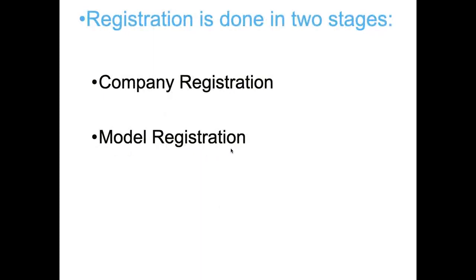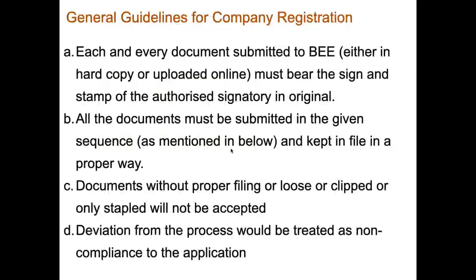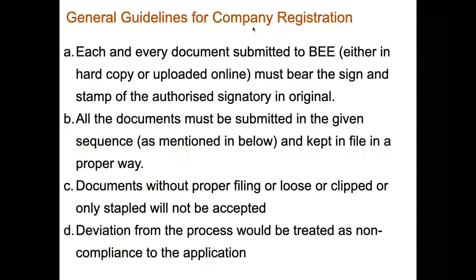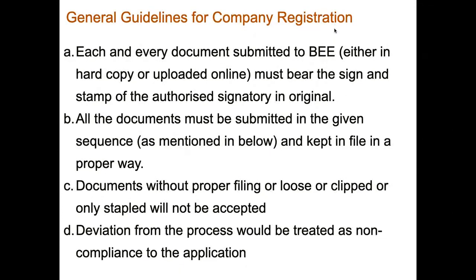If you're talking about company registration, this is the general guidance on how we could get company registration. Each and every document is submitted to the Bureau of Energy Efficiency, right?